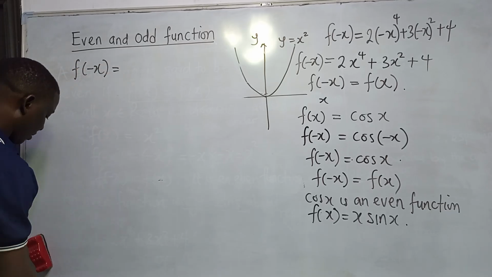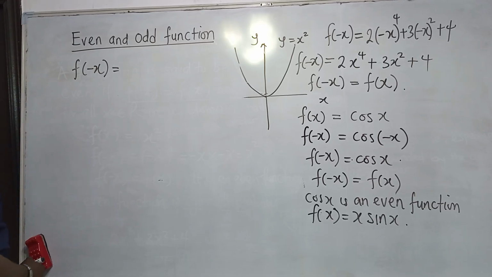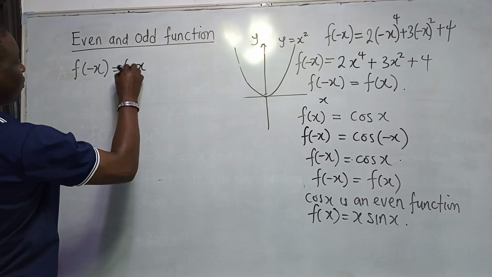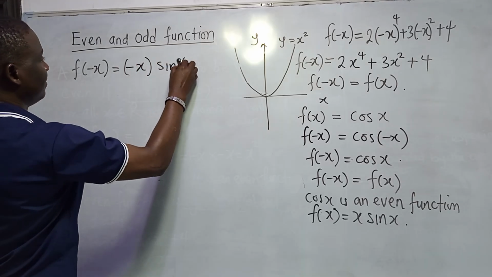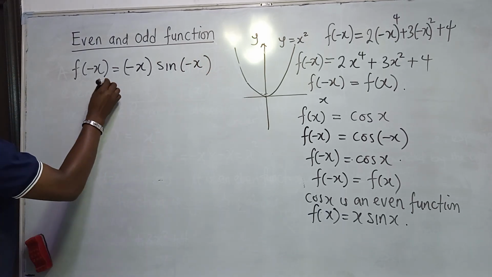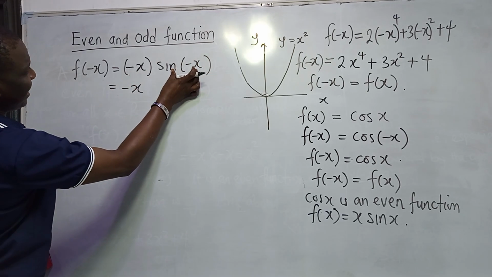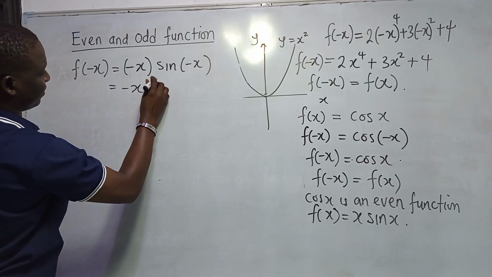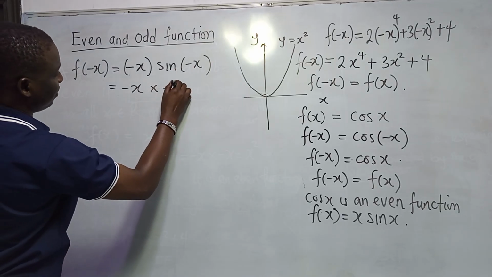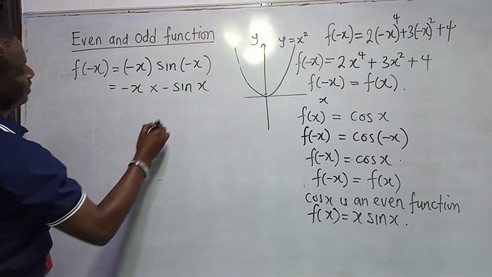I'm going to have minus x sine of minus x. Now this one will produce minus x, then sine of minus x equals minus sine x.